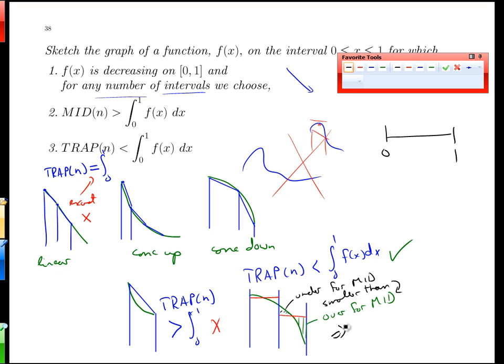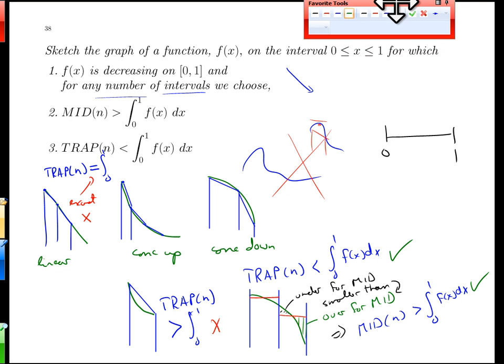And that means that our midpoint estimate with n intervals is going to be larger than the actual integral value. So that's a little bit of insight just to work through how these sketches might affect our interpretation or understanding of these different rules and the relationship between those rules and the exact integral value.